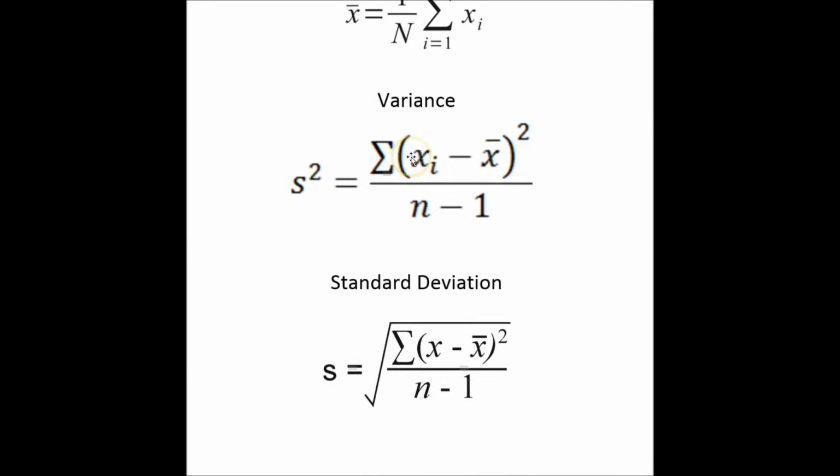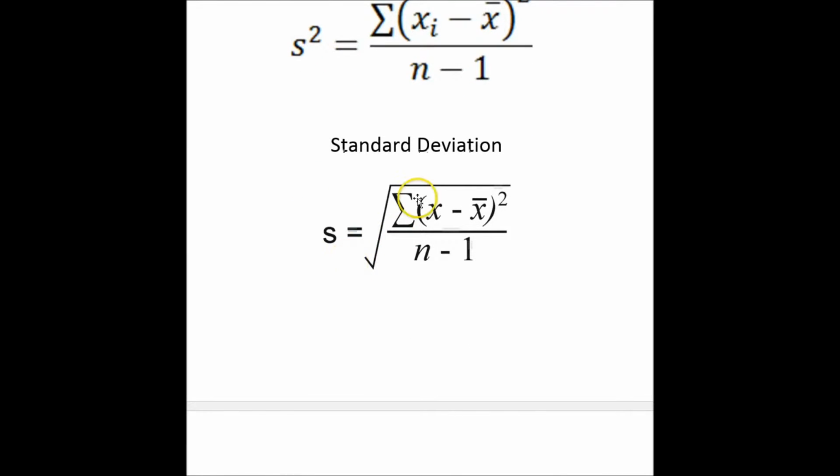The variance: we take each individual value minus the average and square it, sum all 10 differences squared, and divide by what's called the degrees of freedom, which in this case is 10 minus 1, or 9. The symbol for the variance is s squared. Another important quantity is the standard deviation, which is simply the square root of the variance.